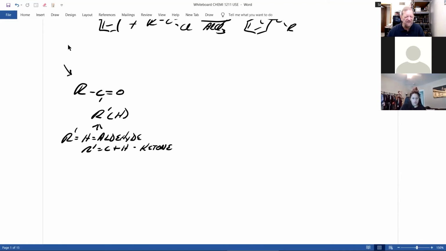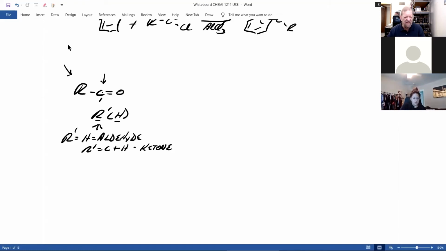So this is a way of writing both a ketone and an aldehyde at the same time. R, carbonyl. When R prime is carbons, it's a ketone. When R prime is hydrogen, it's an aldehyde.